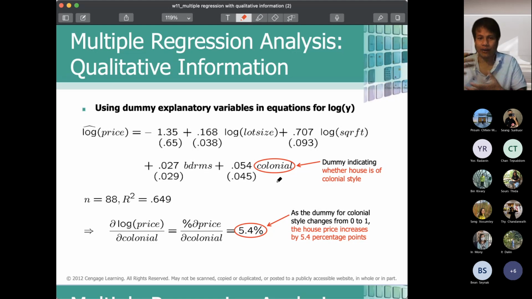In other words, a house constructed in the colonial style on average sells at 5.4% higher than a house in non-colonial style. Our colonial dummy indicates whether the house is of colonial style, or zero if not. So comparing houses, the price of colonial style is on average about 5.4% higher than non-colonial style.